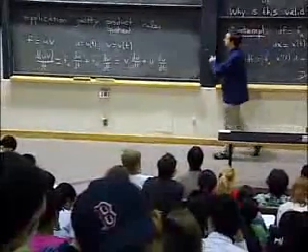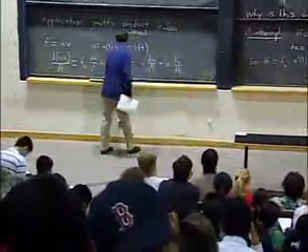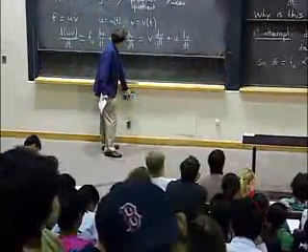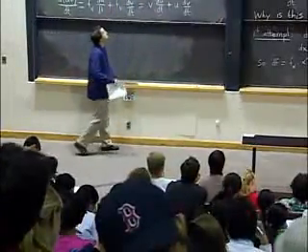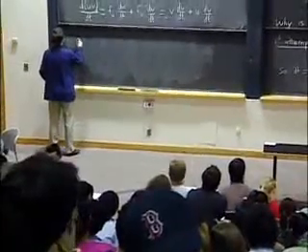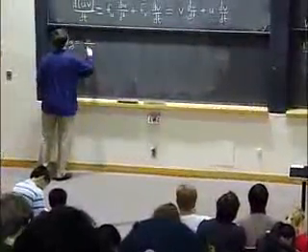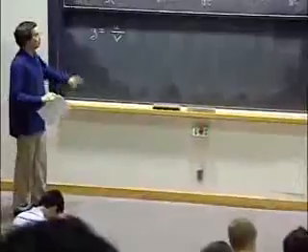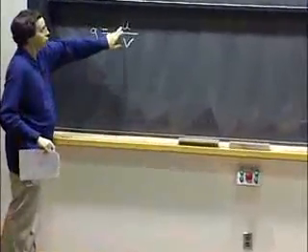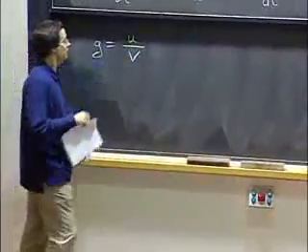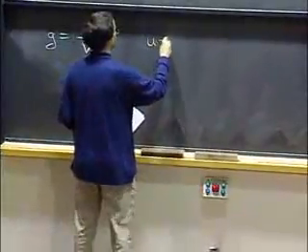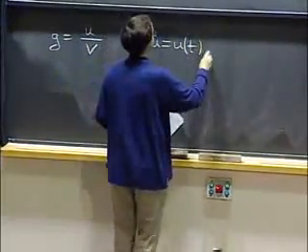Similarly, you can do the quotient rule. Let's do it just for practice. If I give you the function g equals u over v, right now I'm thinking of it as a function of two variables, u and v, but u and v themselves are going to be functions of t.